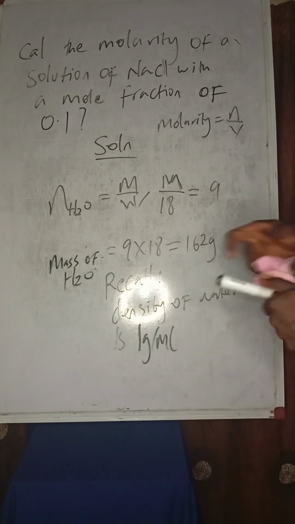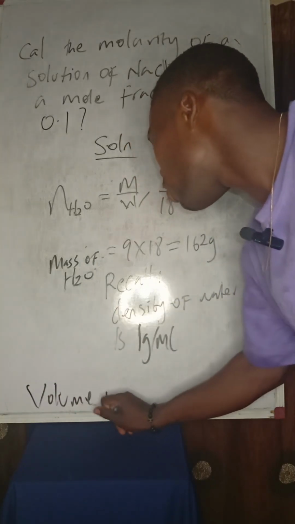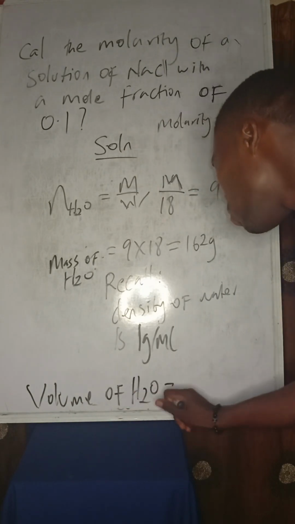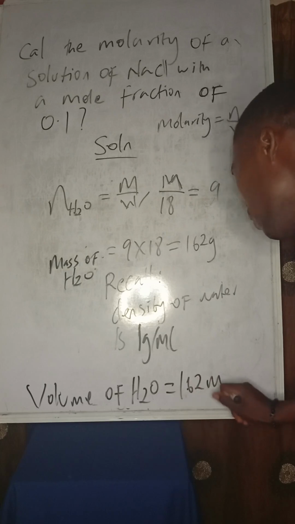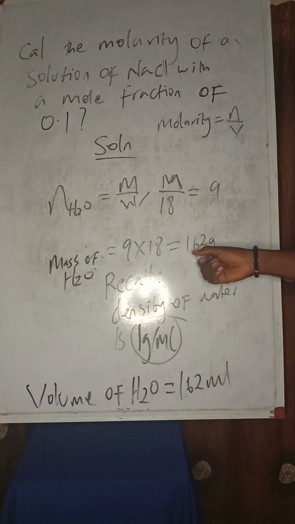So we can assume that the volume of water is equal to the volume of the solution. If you are following my calculation, volume of water is equal to 162 mil from the mass because the density is 1 gram per mil. So since there's 162 gram of water, there's 162 mil of water.